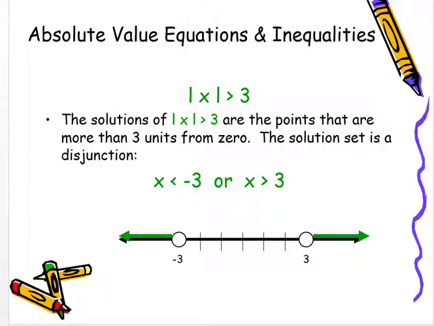So the solutions are x is less than -3, because that's more than 3 units from 0, or x is greater than 3. And so we have this idea of a disjunction, or an "or" statement. Today we'll talk about and review how to deal with that using interval notation.